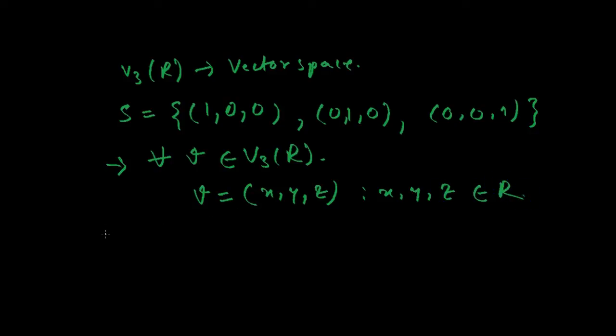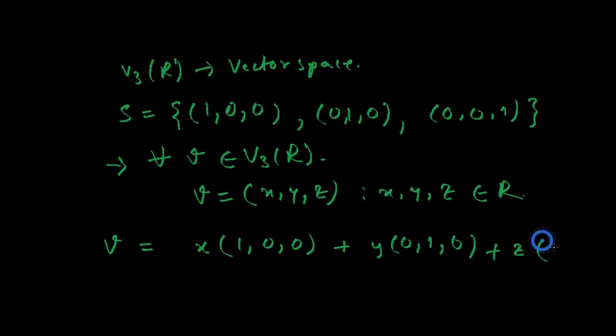So you can see that this V can be written as x times (1, 0, 0) plus y times (0, 1, 0) plus z times (0, 0, 1).